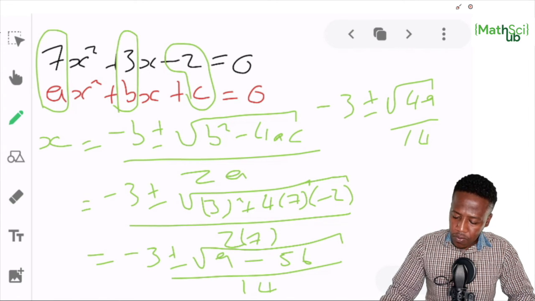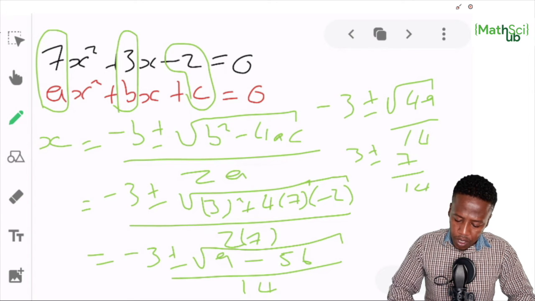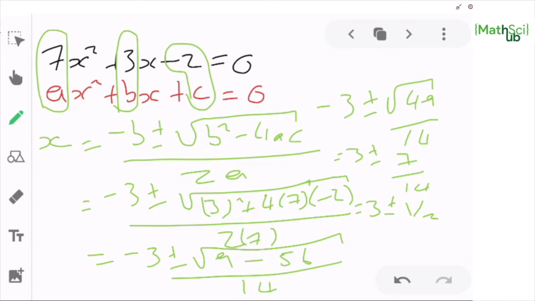Now the square root of 49, it's 7. So it's 3 plus or minus 7 over 14, which is a half. So meaning we have 3 plus or minus a half.